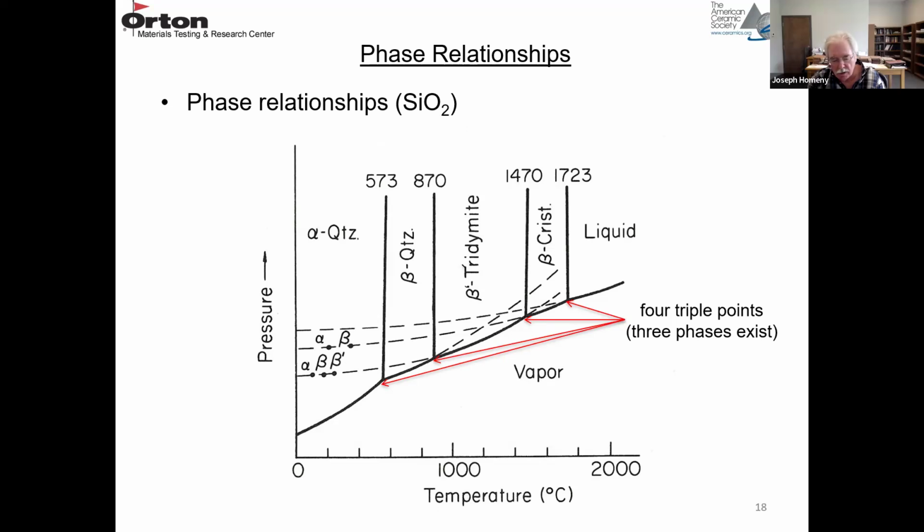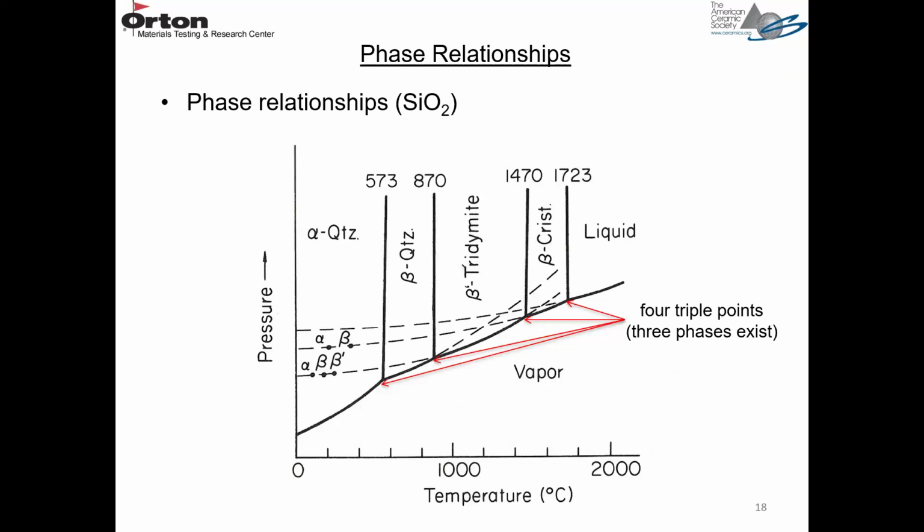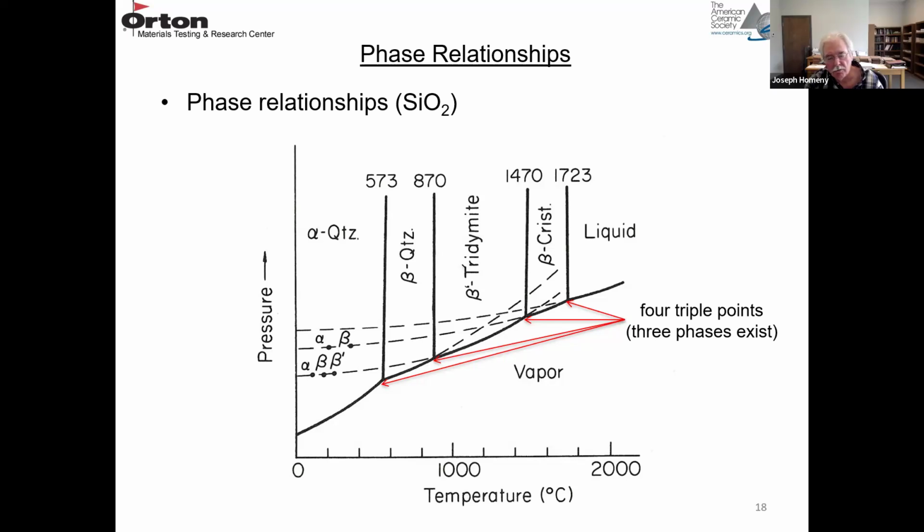I'll go over the heating schedule. When you start out with quartz, you have to heat it very slowly over many, many days to avoid the disruption of the structure. When you have the actual silica refractory, after you convert it all to tridymite and cristobalite, you only have the displacive transformations.